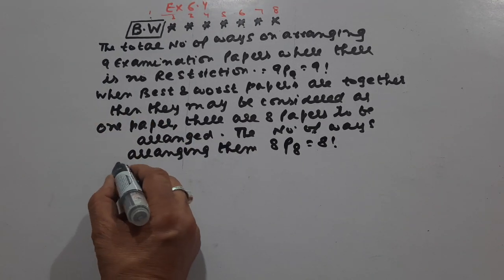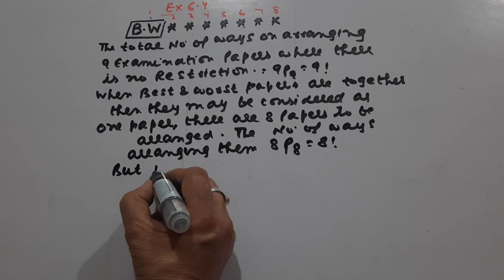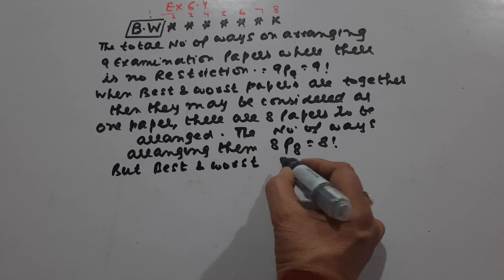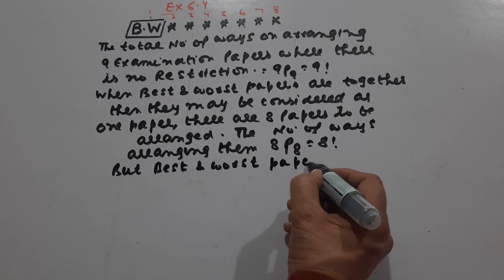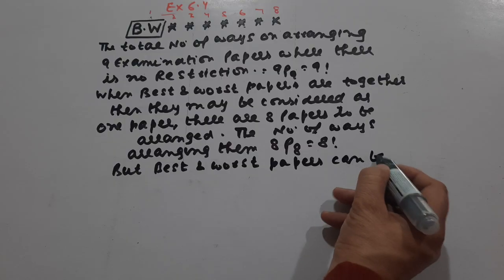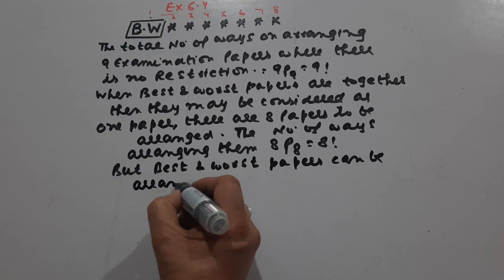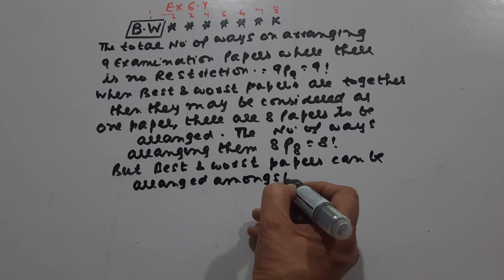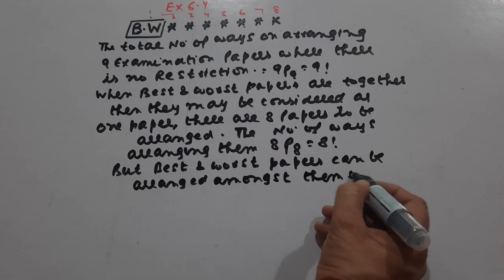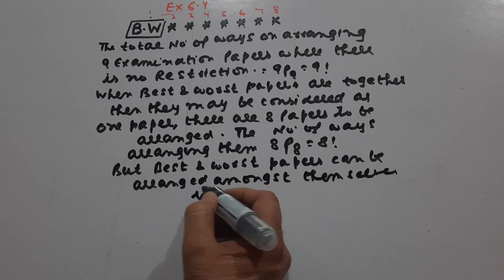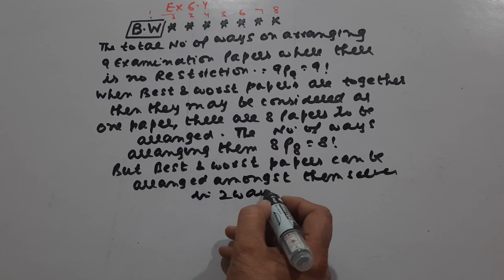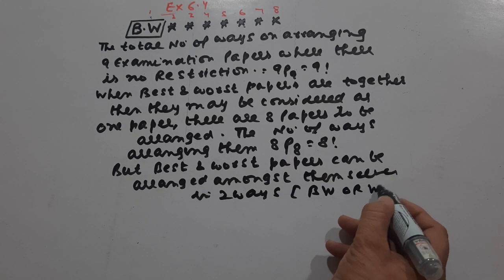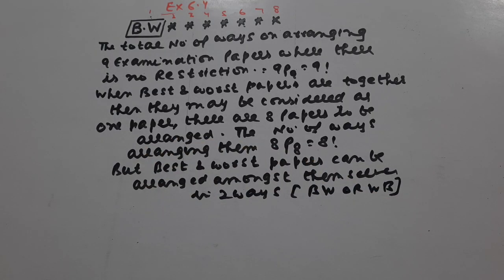Now best and worst papers can be arranged amongst themselves in how many ways? In two ways. Either best or worst, or worst or best. 2 ways.